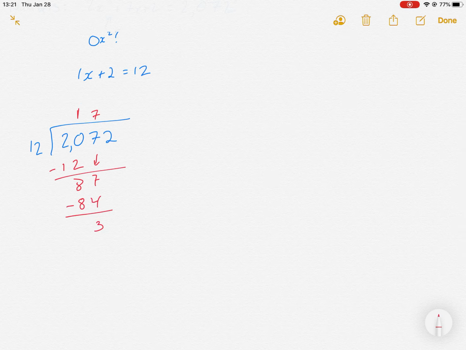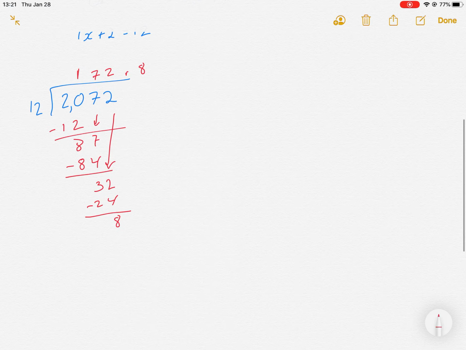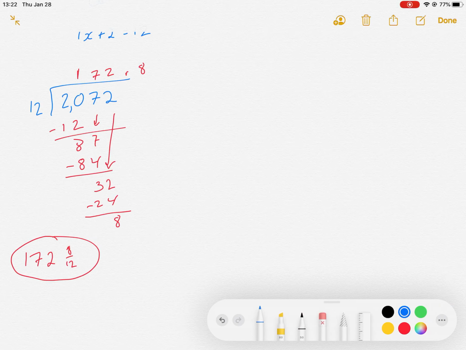You subtract those, bring down this 2, figure out how many times 12 goes into 32. That goes up top. 2 times 12 is 24. Subtracting those, we end up with 8. And so we write remainder 8. Alternatively, you might remember that this is 172, and we'll write it as 8/12. So it's this mixed number. But anyways, it doesn't really matter too much. Just wanted to remind us about long division.